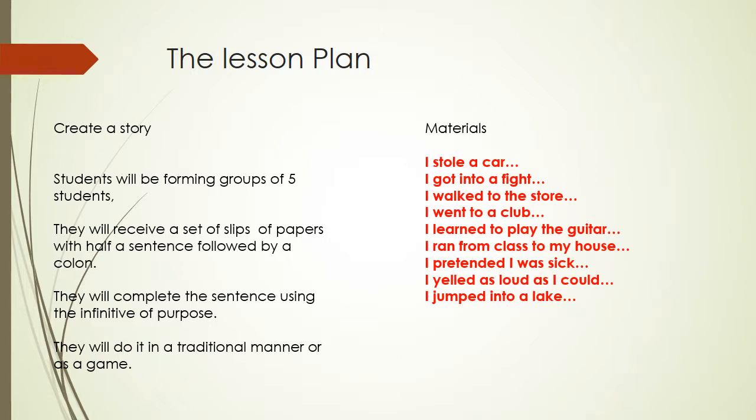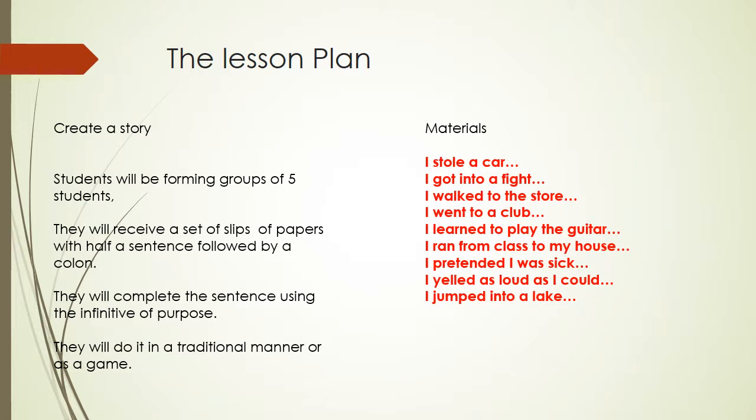So for example, I stole a car to visit my girlfriend, and then I got into a fight to buy things from my girlfriend, for example, and so on. So all these sentences have no connection whatsoever, but they will make them fit into a story using the infinitive of purpose.